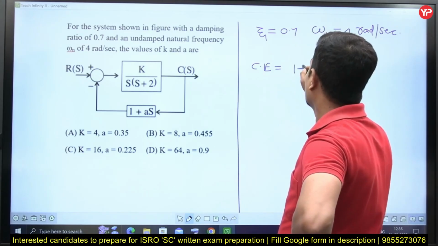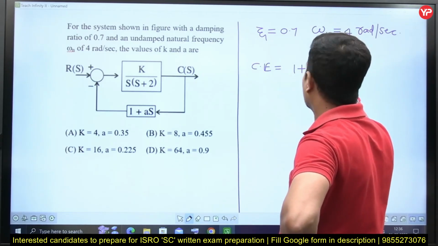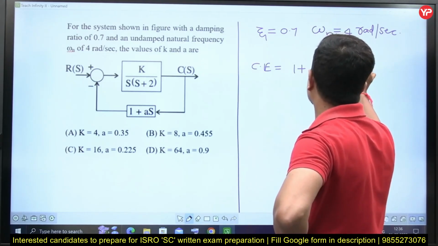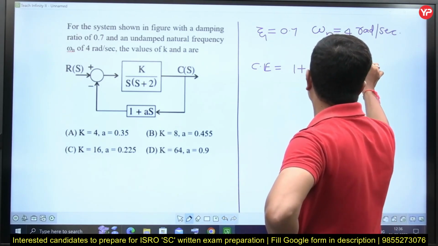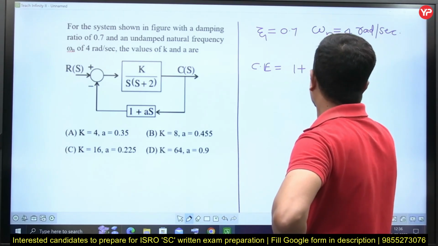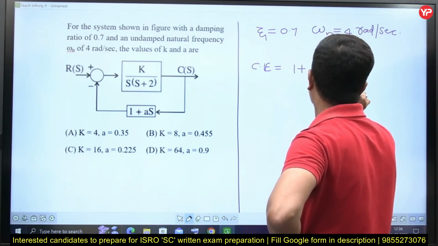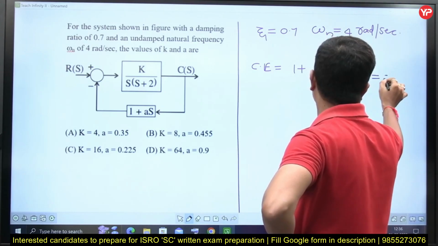Characteristic equation is 1 plus k into (1 plus as) by (s square plus 2s) is equal to 0.